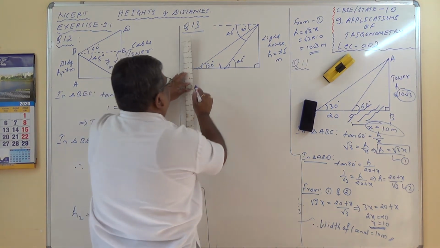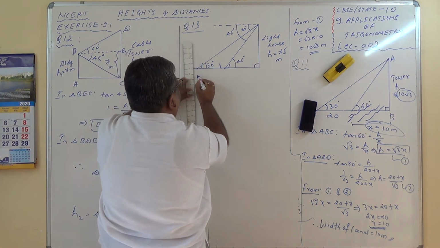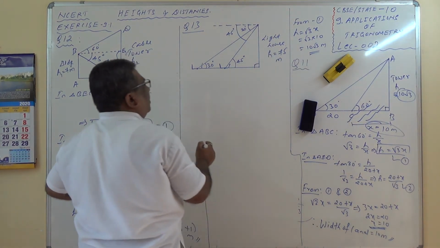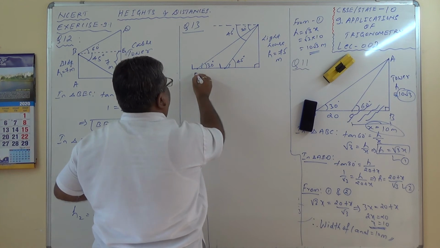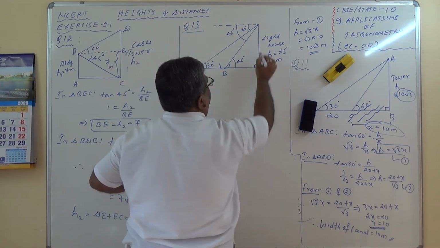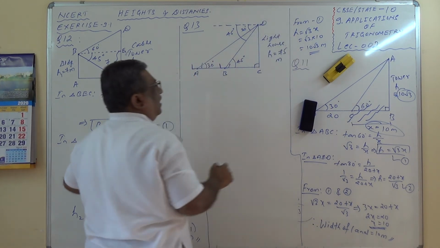In this case, you have been asked to find out the distance between the two ships. Height of the tower is given. Let A and B be the two ships, and CD is the lighthouse.